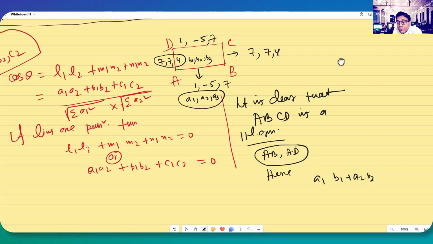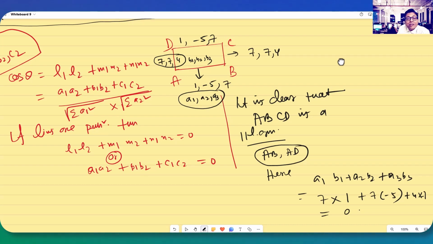Don't be confused with the symbols. You need this product, one from here, one from the other. That is 7 into 1 plus 7 into minus 5 plus 4 into 7. 7 minus 35 plus 28 is 0.